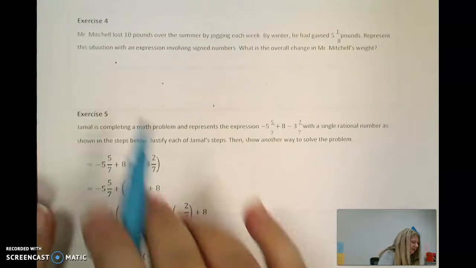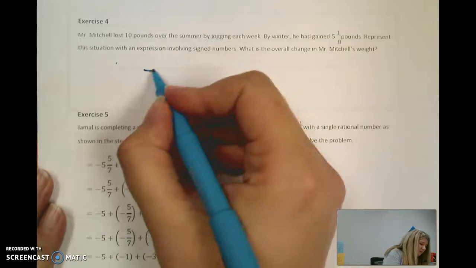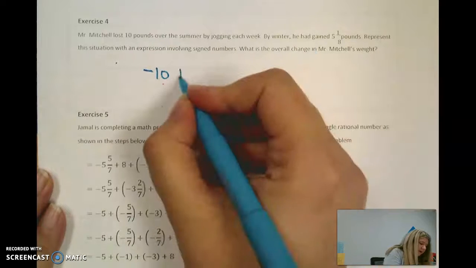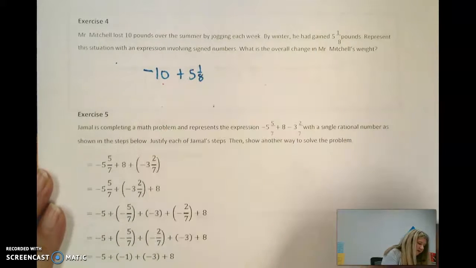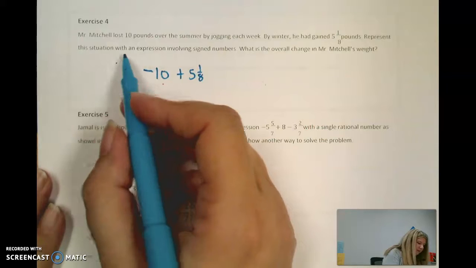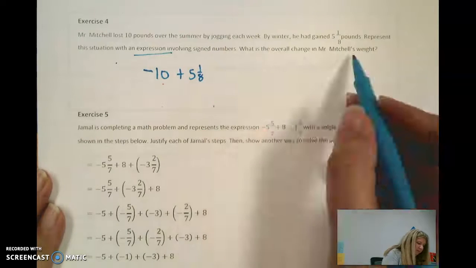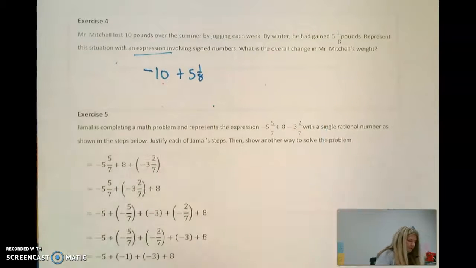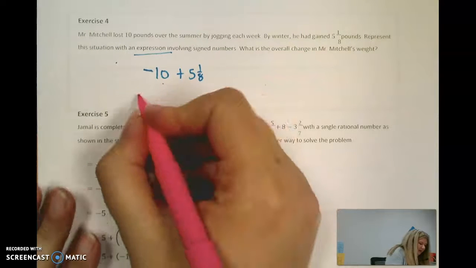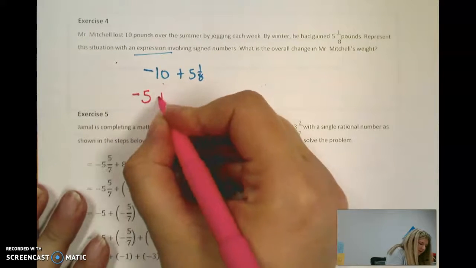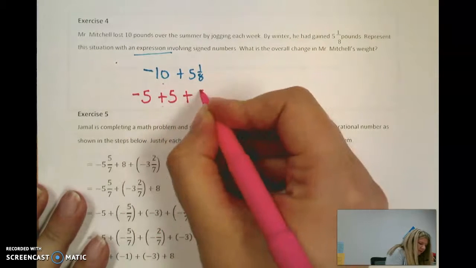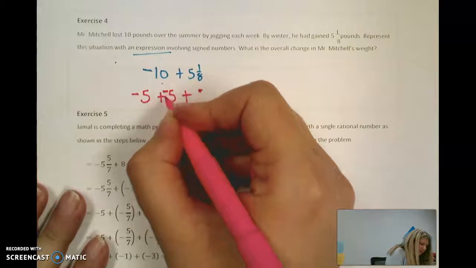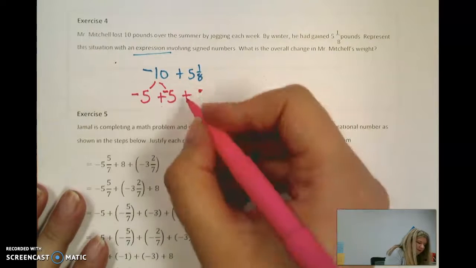It is exciting. Mr. Mitchell lost 10 pounds, and then he gained 5 1/8 pounds. So I'm supposed to use an expression and then find the overall change. So this is the expression. To make it easier, I'm going to do like this. I'm going to say -5 plus, whoops, plus -5. -5 and -5, I decompose that.